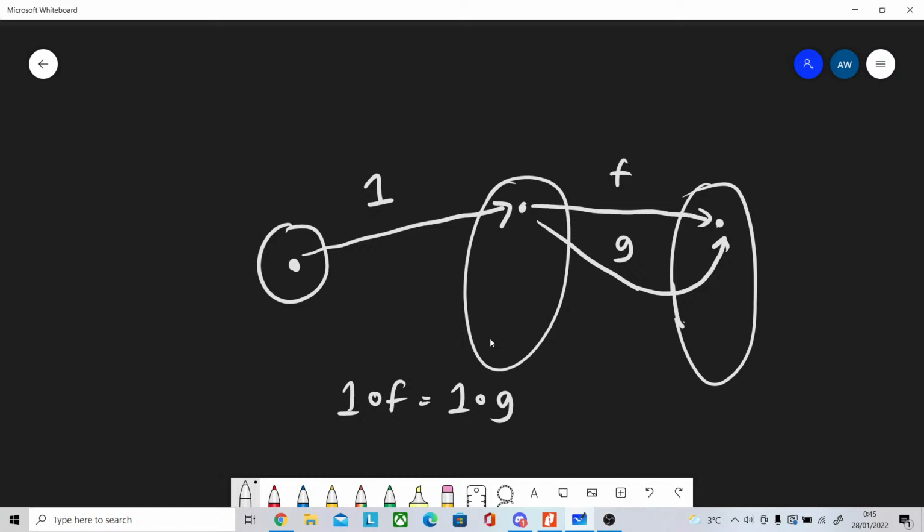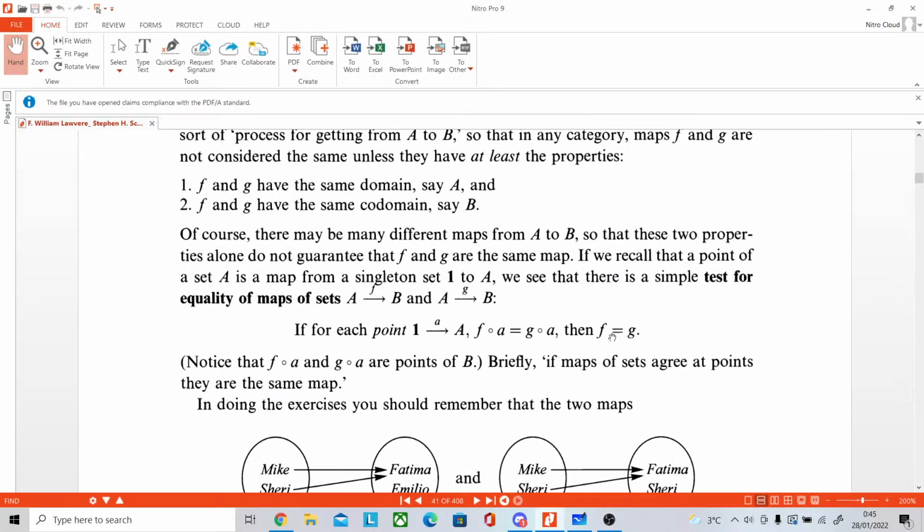So these are no longer functions, these are points. So it reduces testing the equality of functions into equality between points.